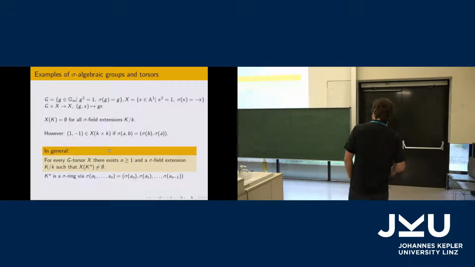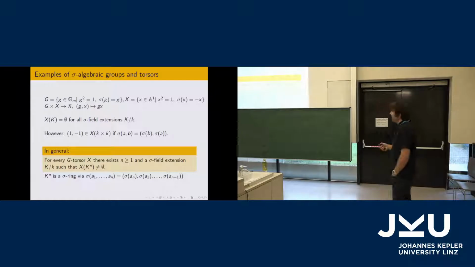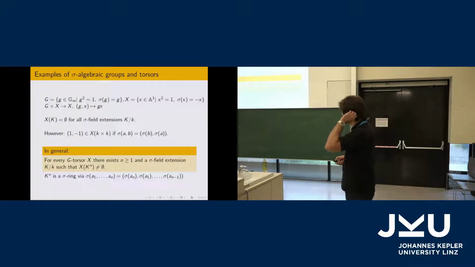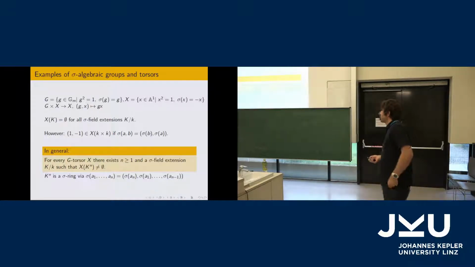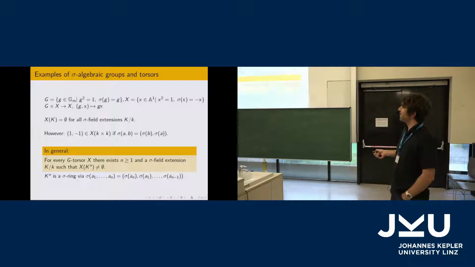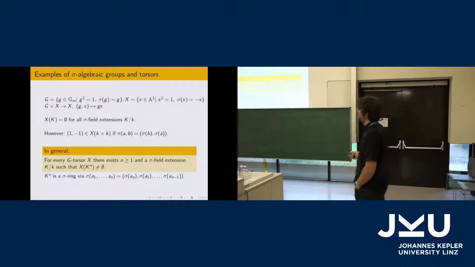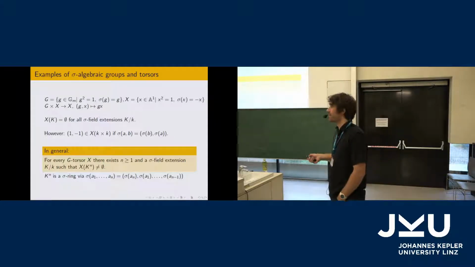In general, you can show that for every torsor, there exists an integer n and a sigma field extension k such that the torsor has a point in k to the n. Here k to the n is considered as a ring by component-wise addition and multiplication, so it has a lot of zero divisors.